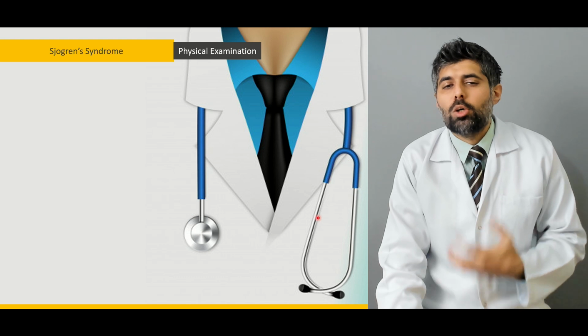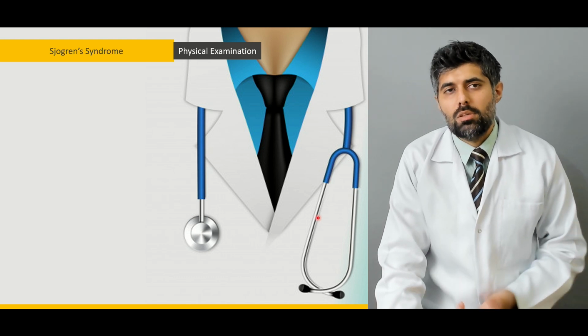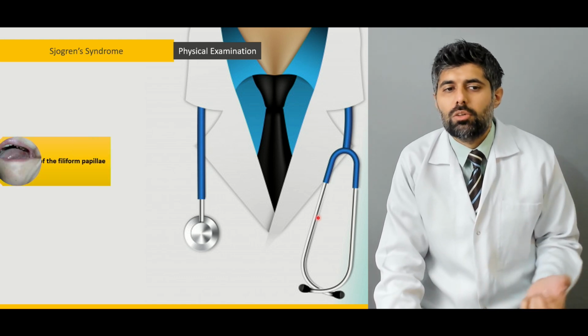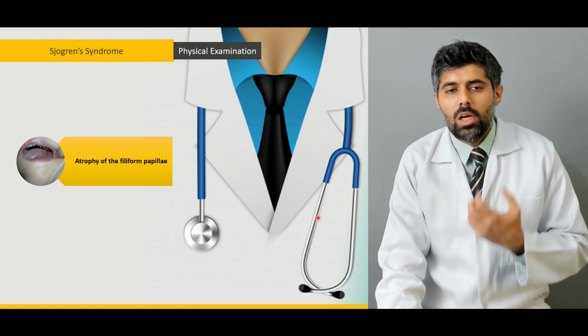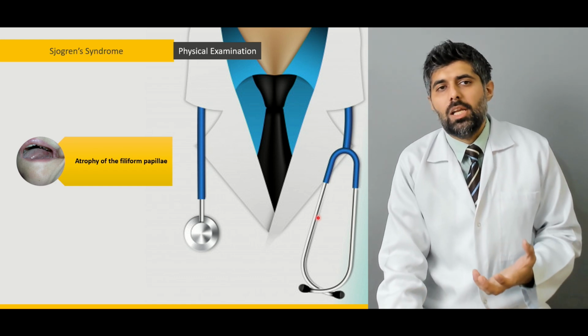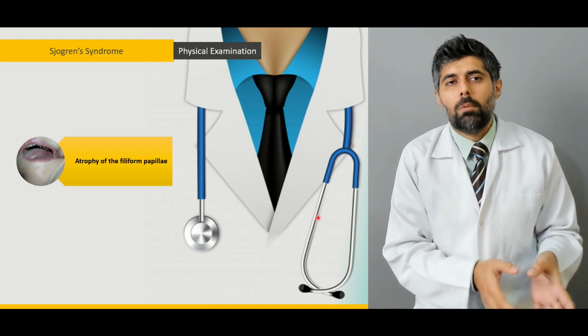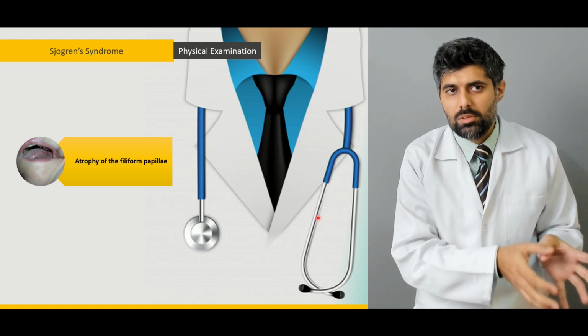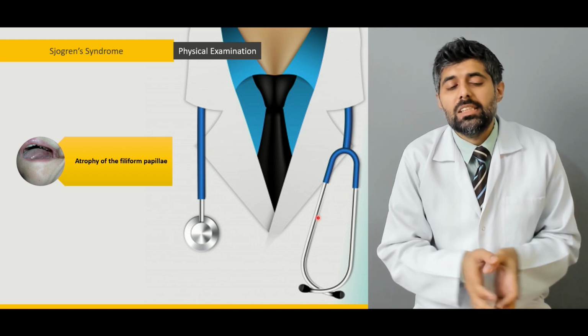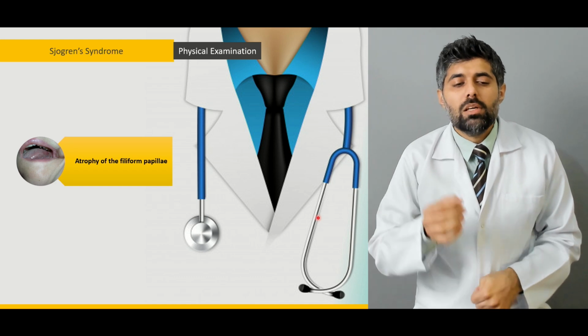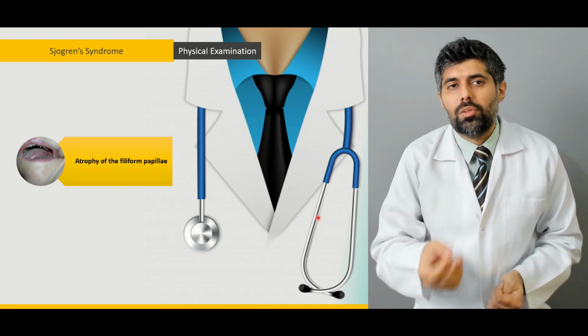Next, we're going to talk about the physical examination of a patient suffering with Sjogren's syndrome. Now, with physical examination, one of the pathognomonic signs that we see is the atrophy of the filiform papilla on the tongue.